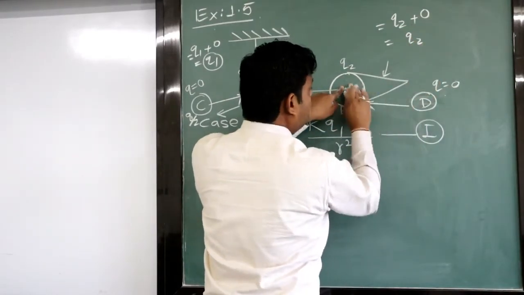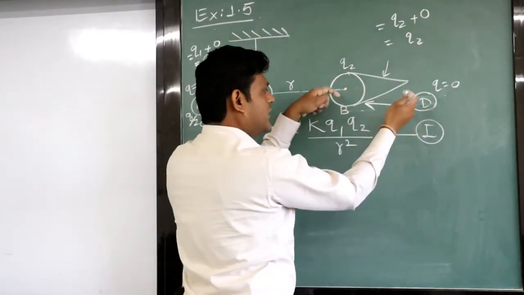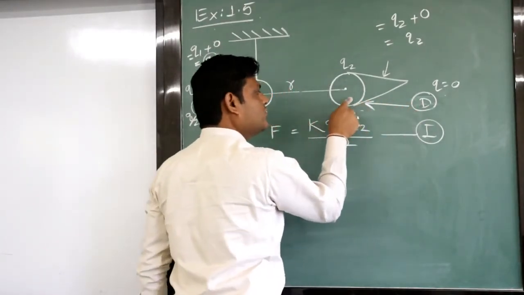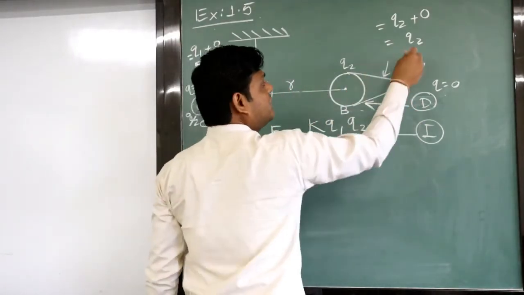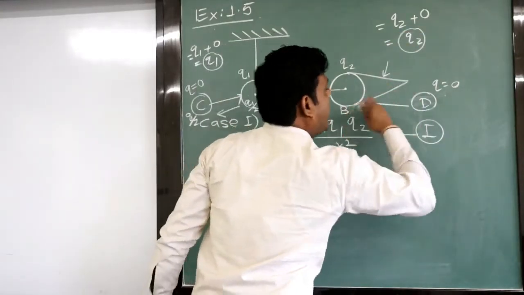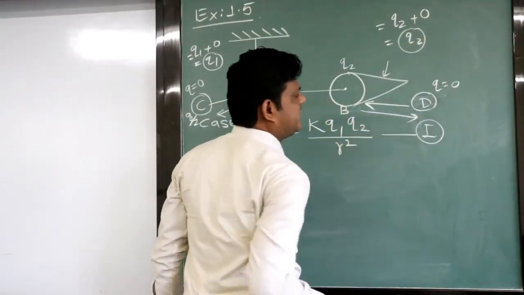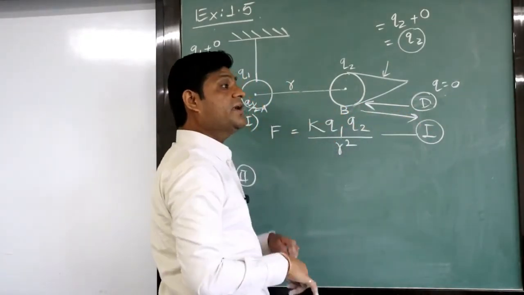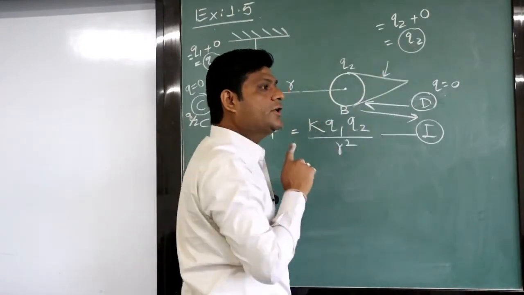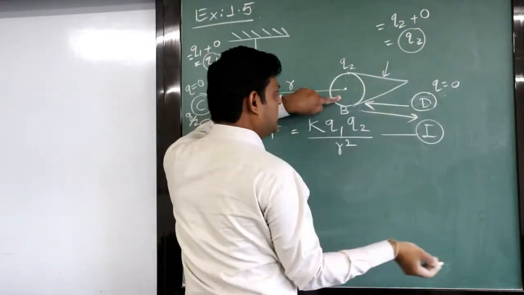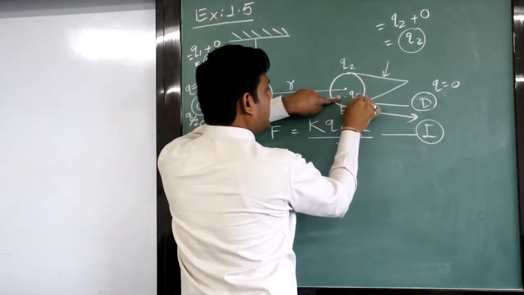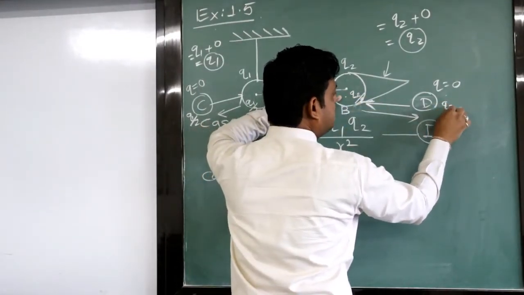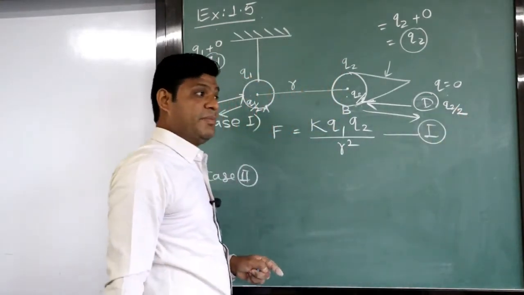So Q2 is the total charge at the time when the sphere D is near to the B. At that time, what is the charge on the system? Q2. After the separation, what is the charge on D and what is the charge on B? It will divide. So we will divide by 2. So after the separation, B sphere has a charge Q2 by 2 and D sphere has a charge Q2 by 2 after the separation.